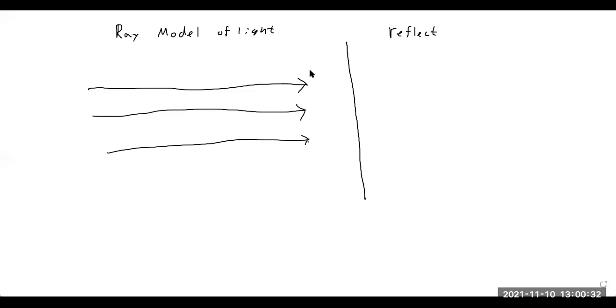So two big kinds of reflection are the mirror-like reflection, or specular, where if it hits it, it's going to bounce like you would think it should from a mirror.